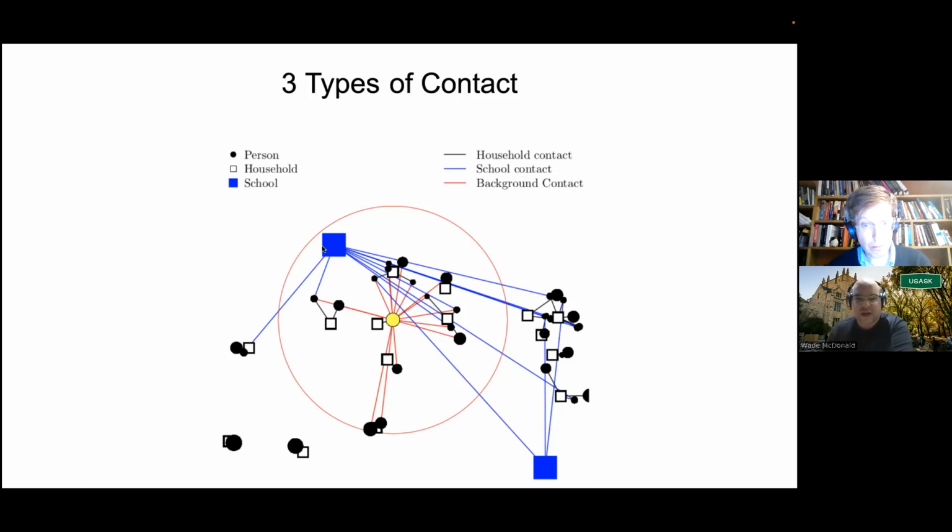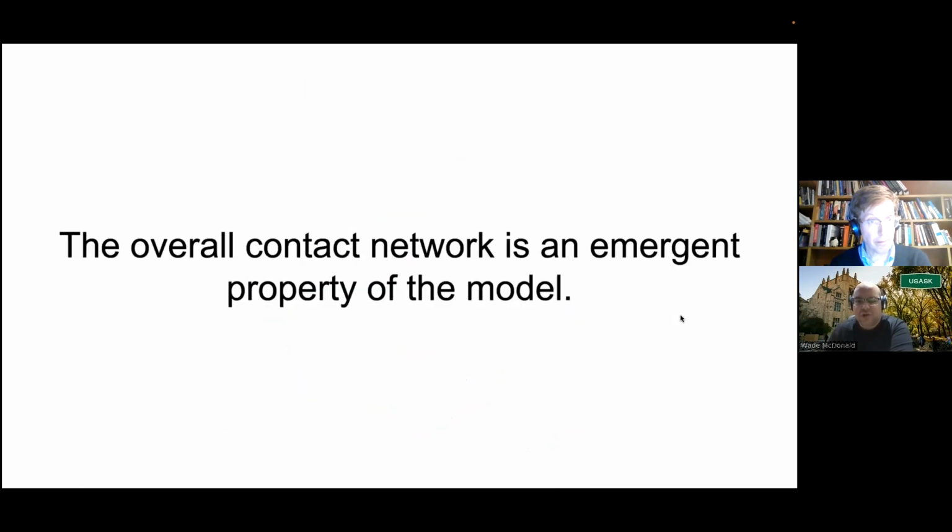If a child, they would be connected to all other children at their school, and every person is associated with a household, and they're connected to all other people within their own household. This results in an emergent contact pattern as an emergent property of the model.